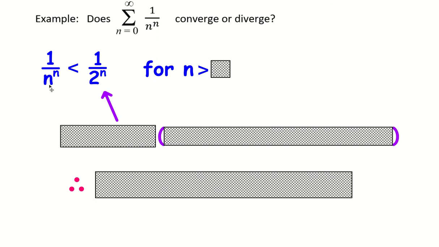Well, this is actually smaller than 1 over 2 to the n for n greater than 2. Did I say greater? I don't even know what I said. But 1 over n to the n is less than that once you get beyond 2. Okay?